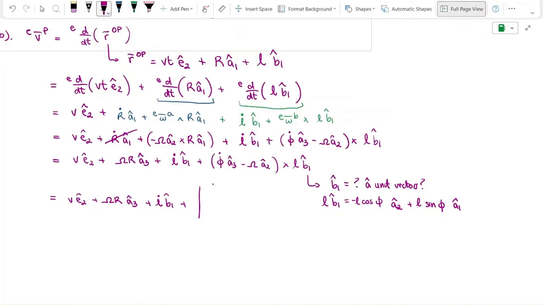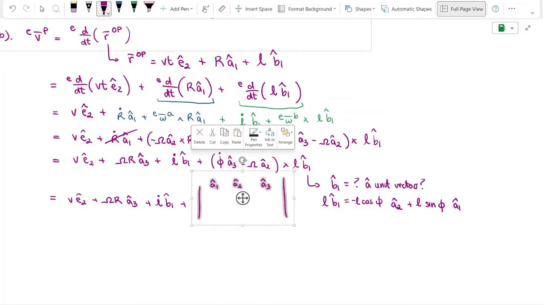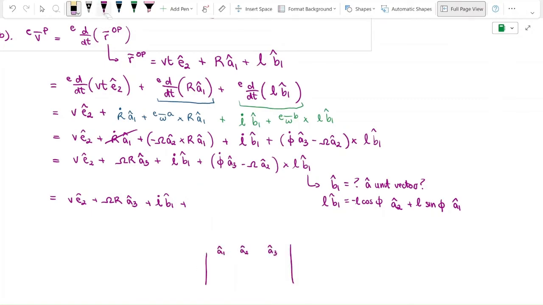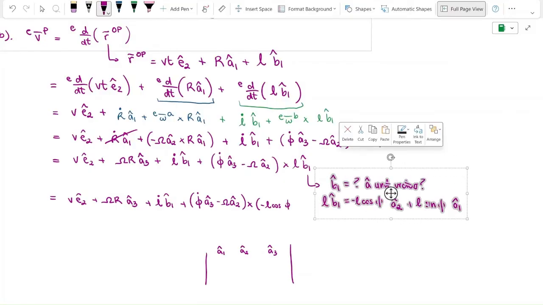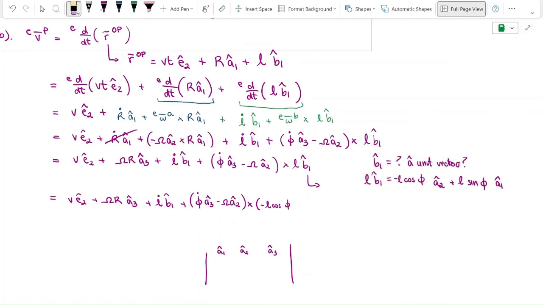First I'm going to put the unit vectors up here. Actually, maybe I should write this out for clarity. It's going to be phi dot a3 hat minus omega a2 hat, cross with negative L cosine phi a2 hat plus L sine phi a1 hat.